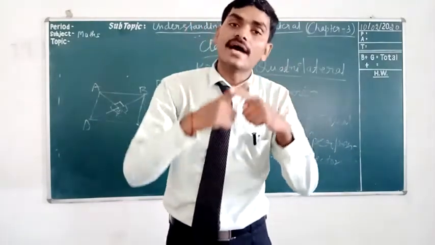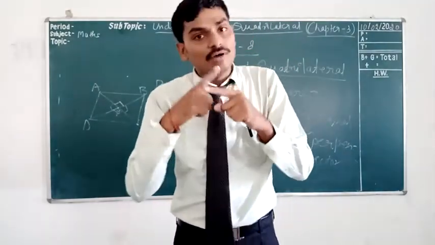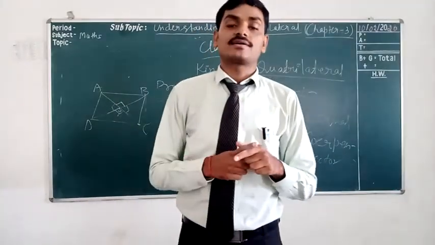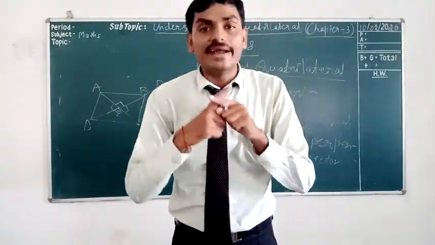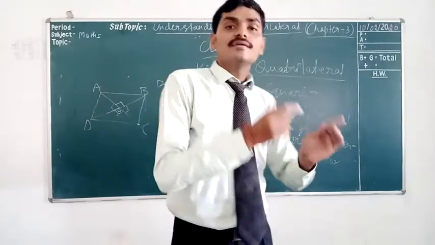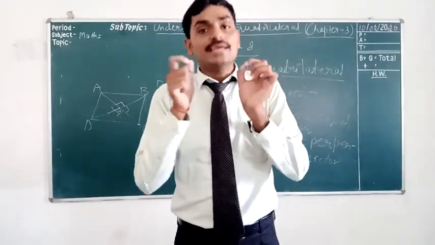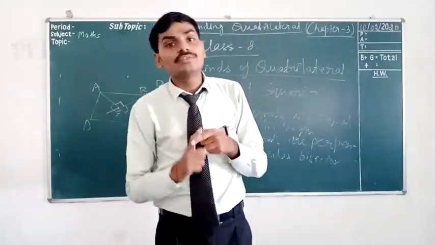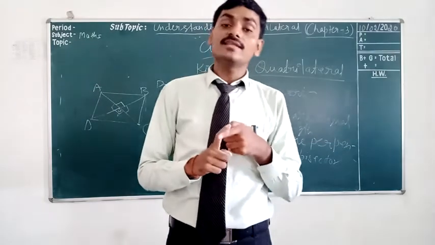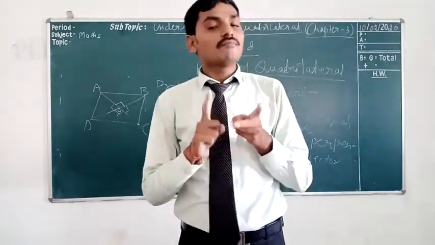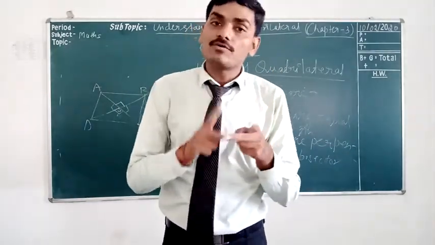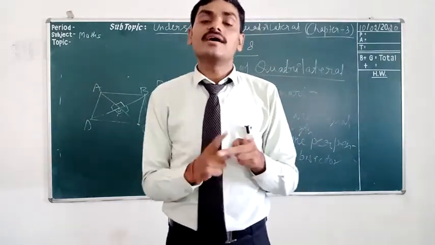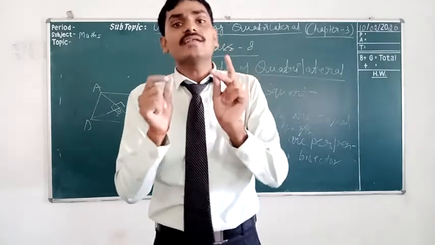That is, both the diagonals of any square are equal in length, and they are perpendicular bisectors. They cut each other at 90 degree and they divide each other into equal lengths.